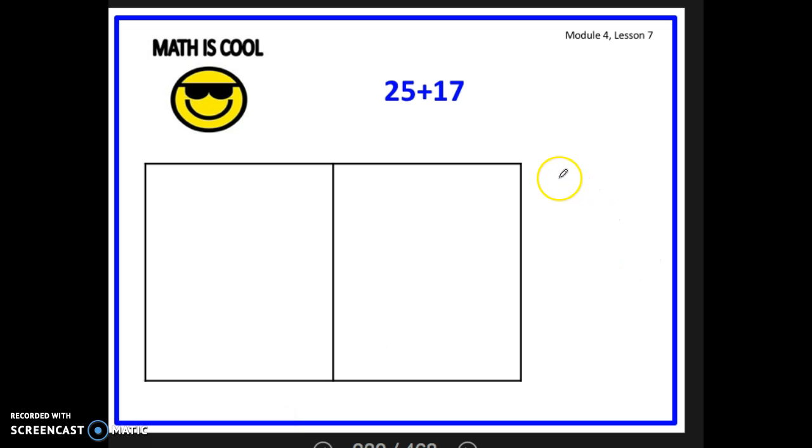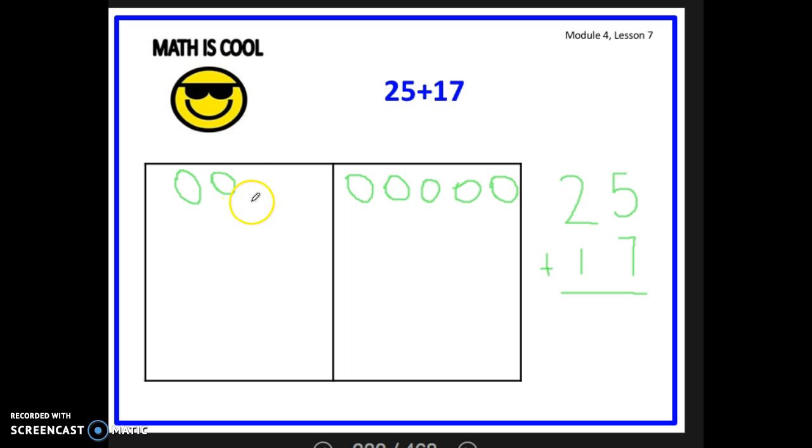Okay, so I'm going to write 25, 17, and my plus sign. And now I'm going to build 25. Okay, 10, 20, 21, 22, 23, 24, 25.